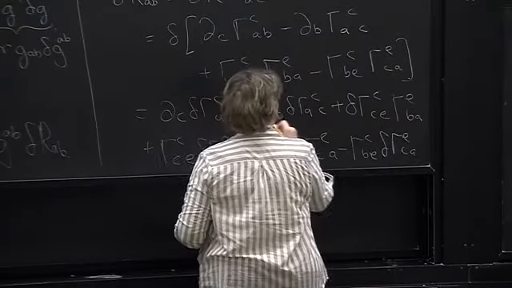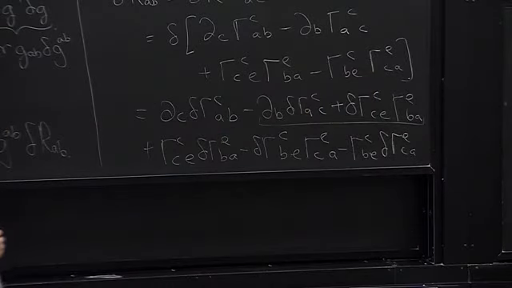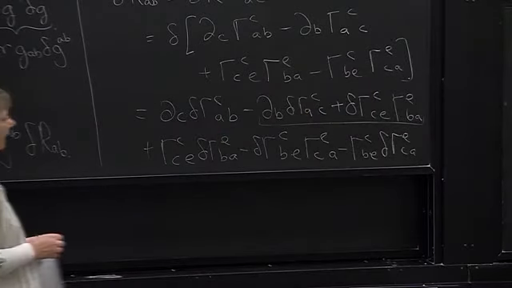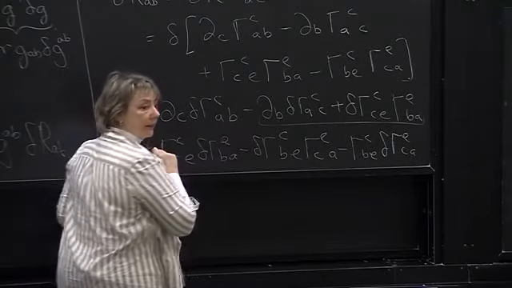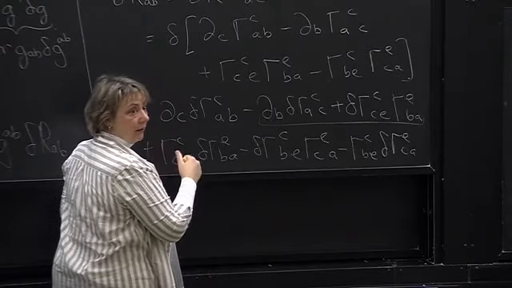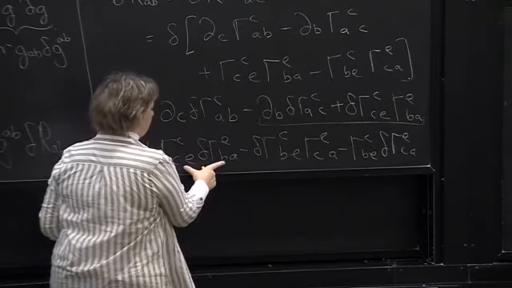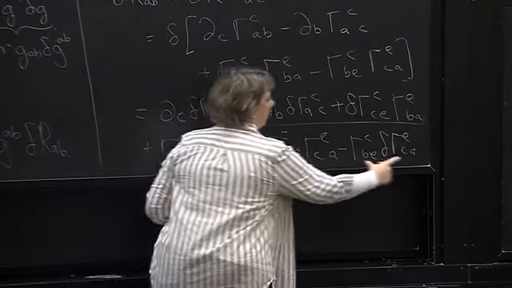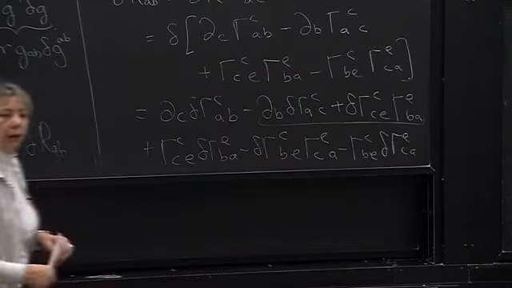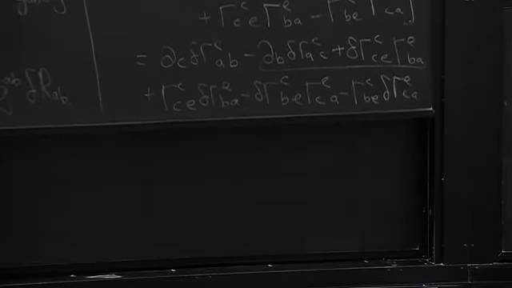this term and this term combine to give you the covariant derivative of delta gamma. And then here, what you're left with is, again, a tensor, but now this is a rank 1, 2 tensor. And down here, you find that, indeed, you are getting the three connection terms that turn that partial derivative into a covariant derivative.